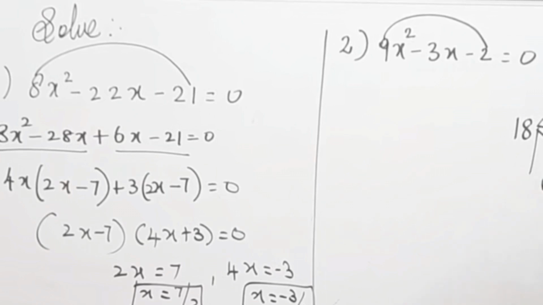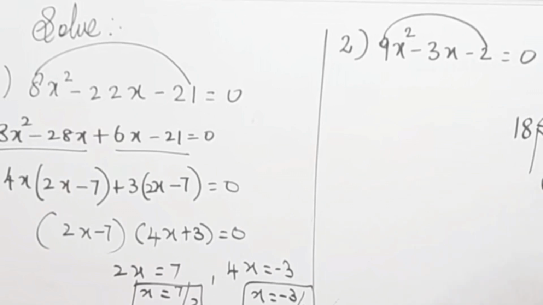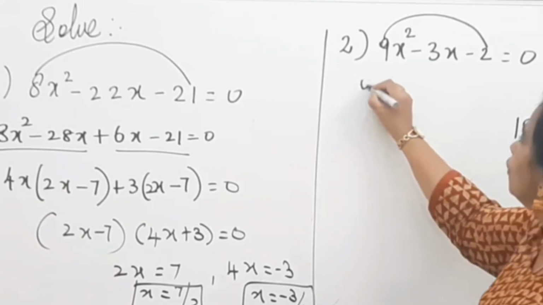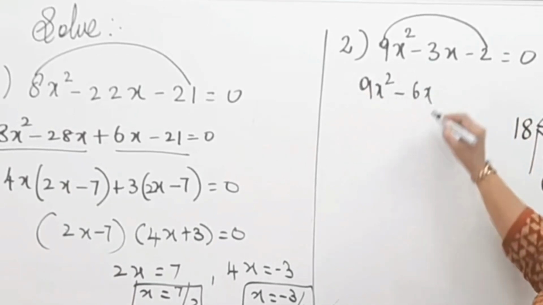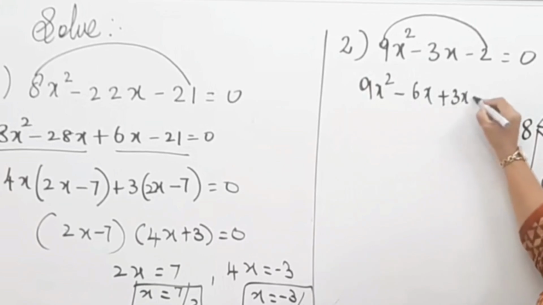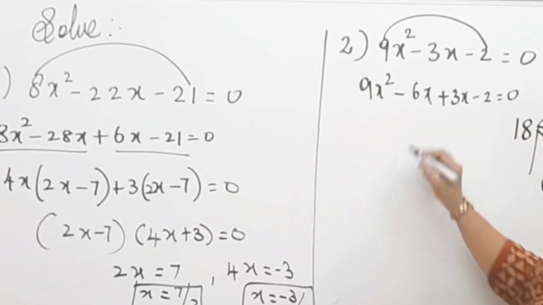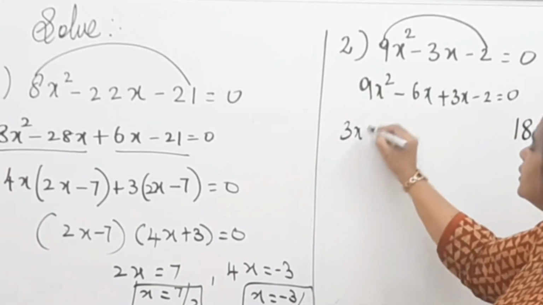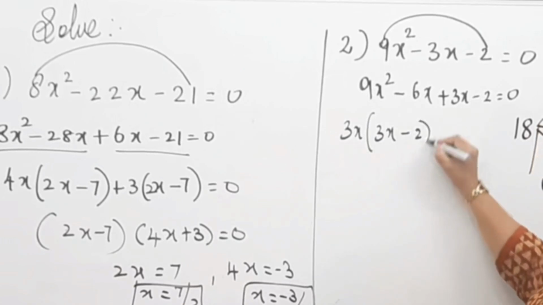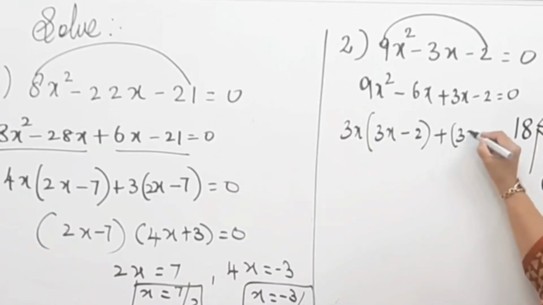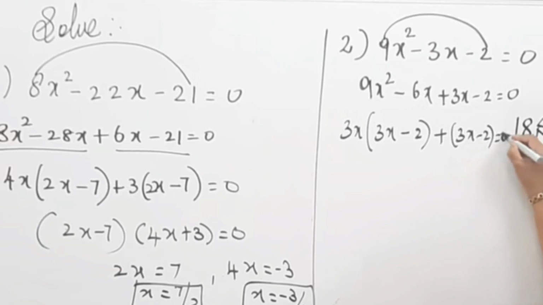Now I can see here minus 6 plus 3, I get minus 3. So I have 9x squared minus 6x plus 3x minus 2 equal to 0. I would have 3x common, so 3x minus 2 will be taken outside. I'm left with 3x plus 1.